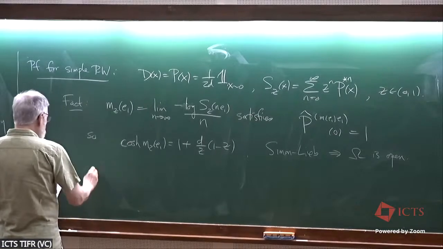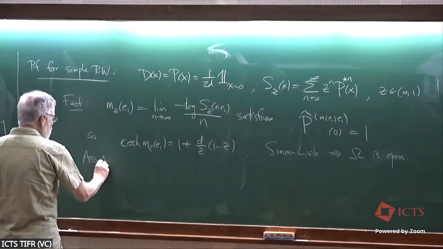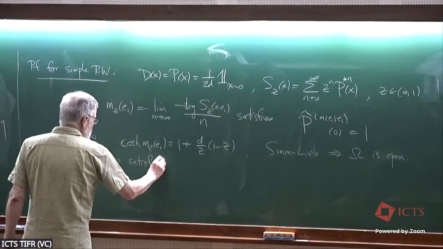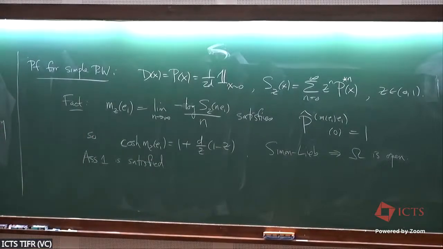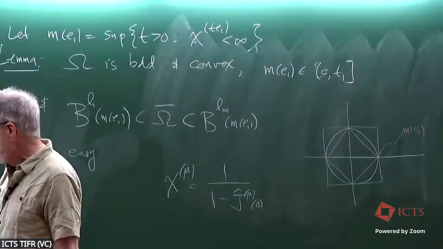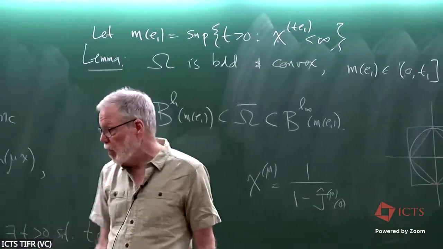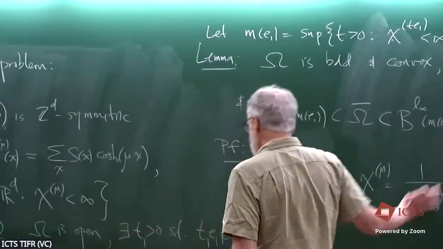So assumption 1 is satisfied. There wasn't much to assumption 1. There was the symmetry assumption, which we have because P is symmetric. And then 0 is in omega, that's no problem. And omega is open, I'm saying here.